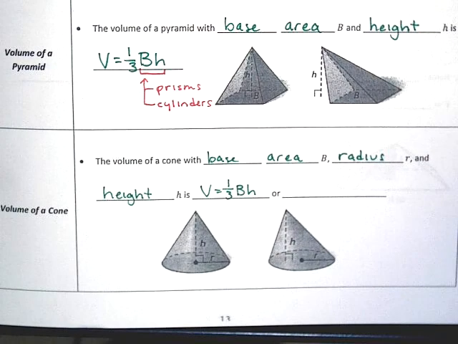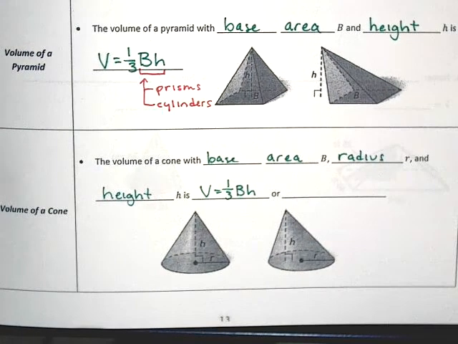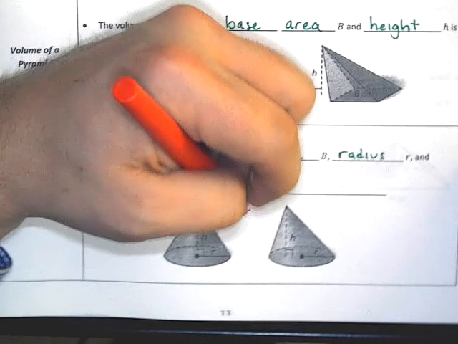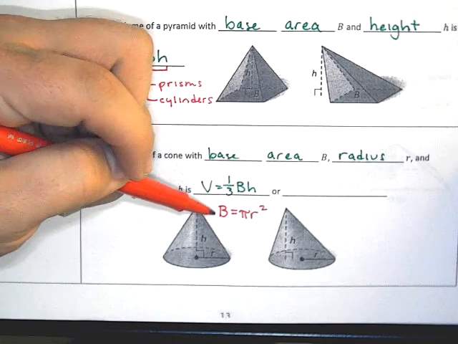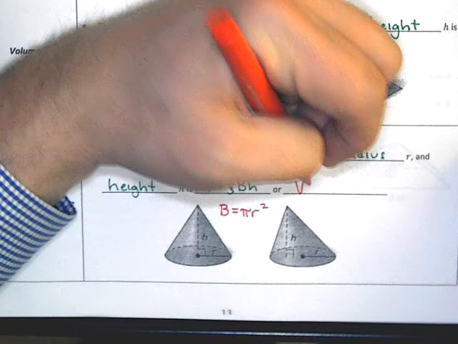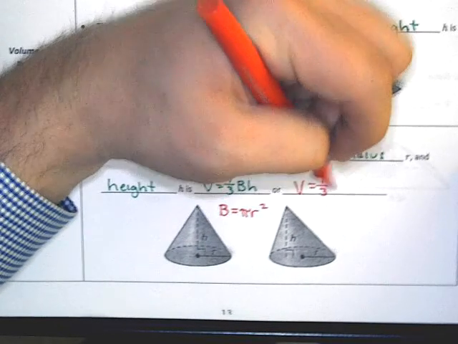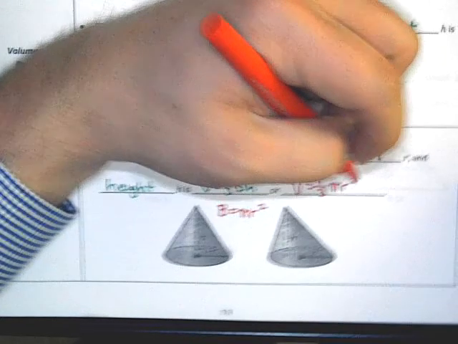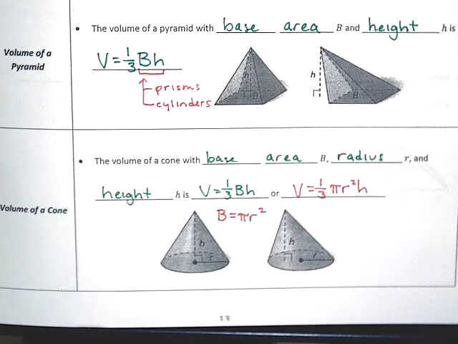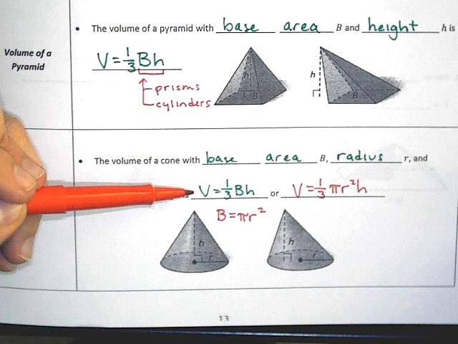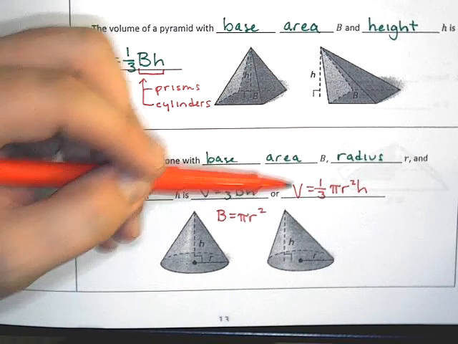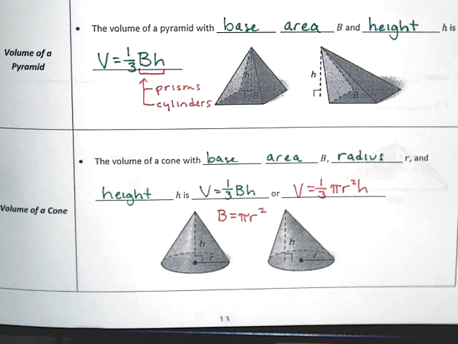One other thing to keep in mind is that a cone always has a circular base, so we can always use pi r squared as the area of the base, which means we can plug that in, and if you would like, you can remember the volume of a cone to be 1/3 pi r squared h. Again, all you need is V equals 1/3 B h, but if you would like to remember this formula, that is more than okay as well.